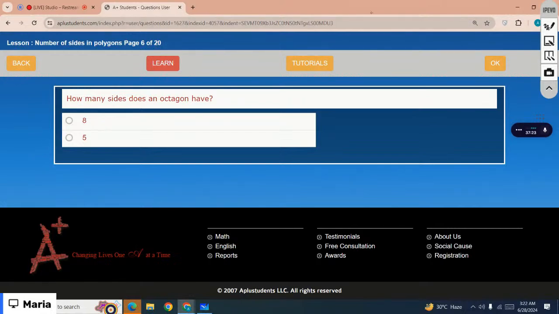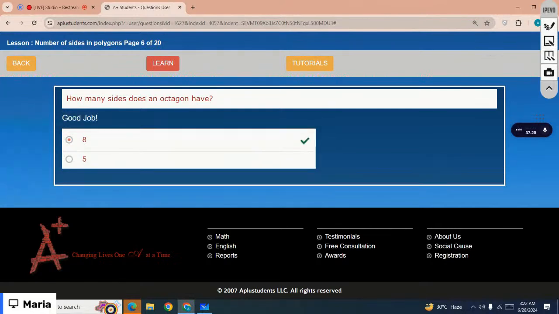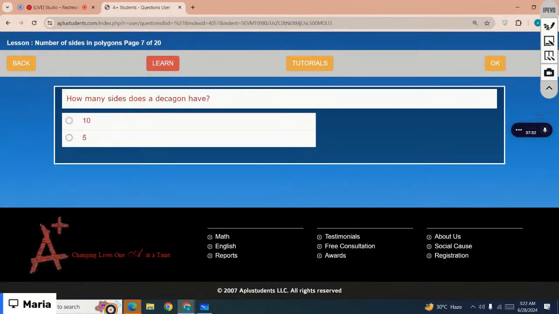An octagon has eight sides. The correct option is eight. How many sides does a decagon have? So which is the correct option? A decagon has 10 sides. The correct option is 10.